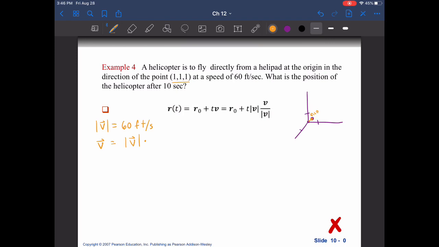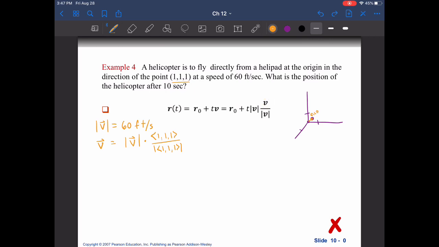So what we can do is do the vector 1, 1, 1 divided by the magnitude of the vector 1, 1, 1. And that gives us our unit vector that's pointed in that same direction, and that gives us our velocity vector, right? That gives us this v right here.